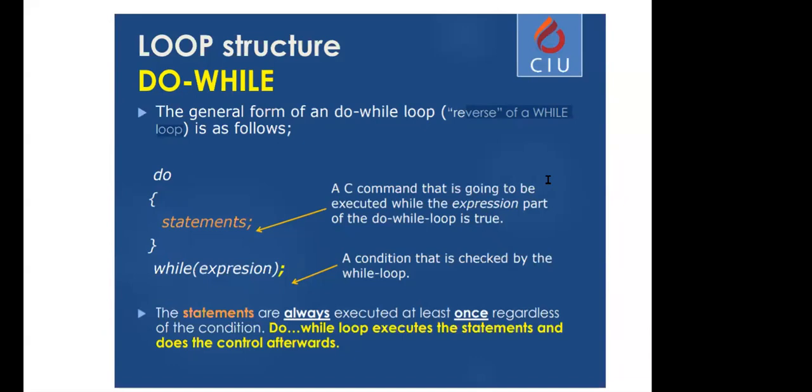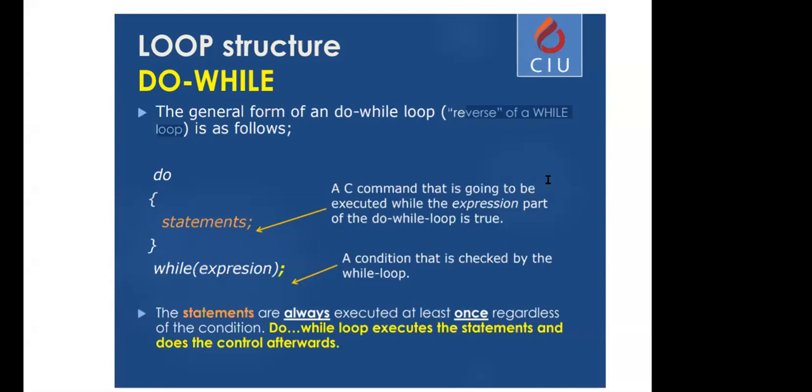So this means that even if the control statement you have is wrong, it will still be executed at least once. This is particularly useful when you want to display a menu, for example. Because even if the user doesn't want anything from the menu, they will regardless check the menu at least once to decide whether or not they want something from that menu.